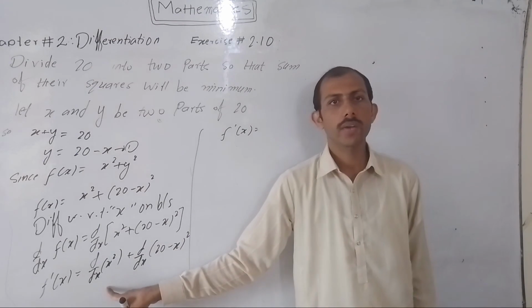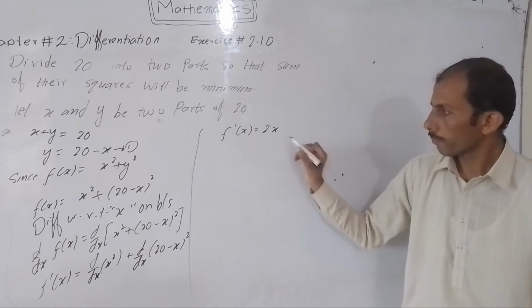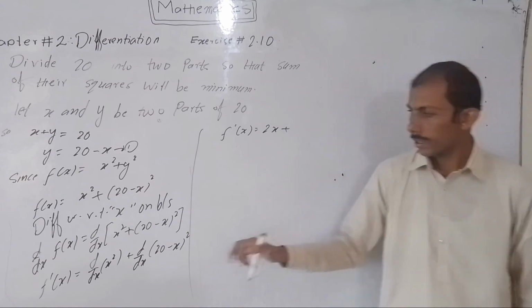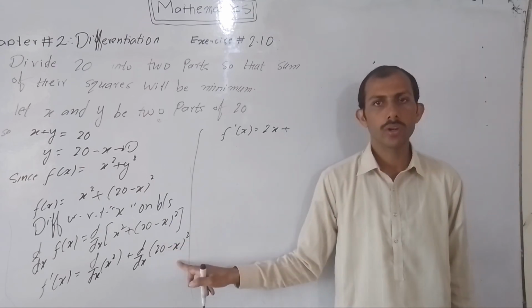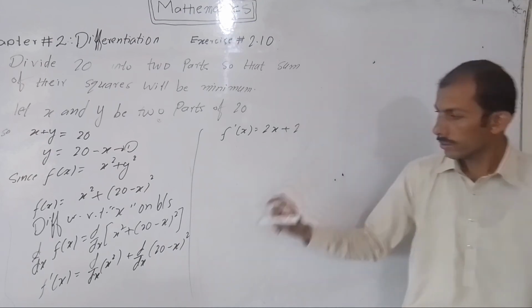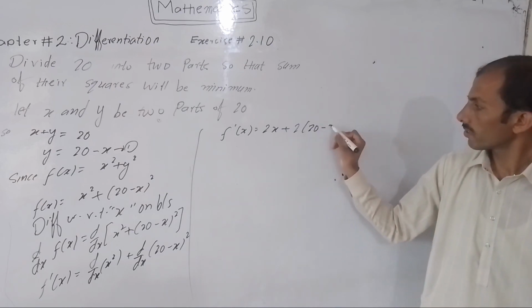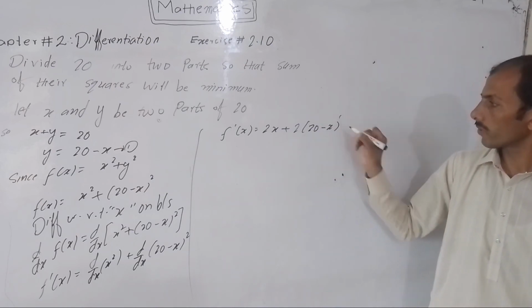Derivative of x square with respect to x is 2x, plus (20 minus x) whole square. It means power rule: first the power, so 20 minus x, and subtract one from the power, 2 minus 1 is 1.